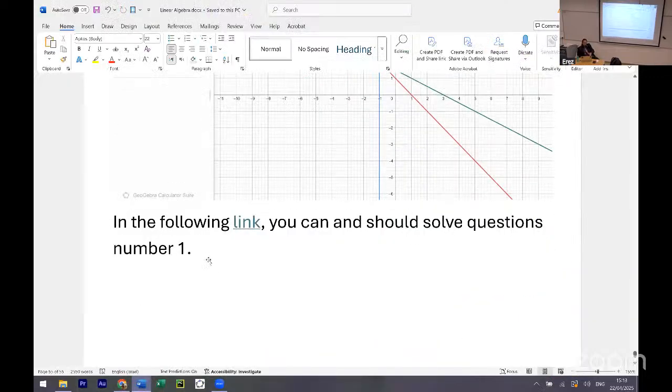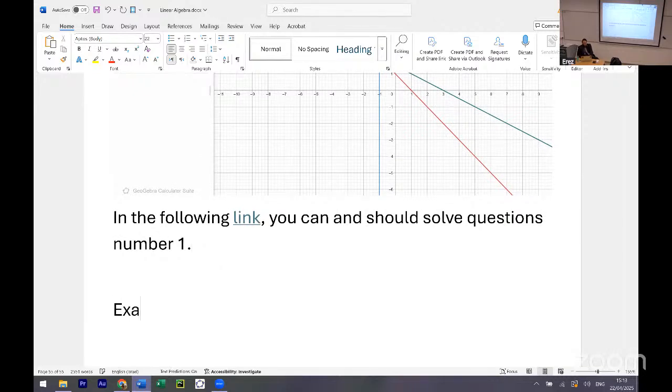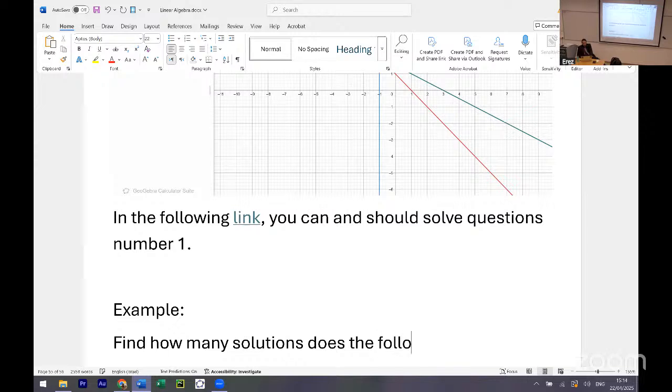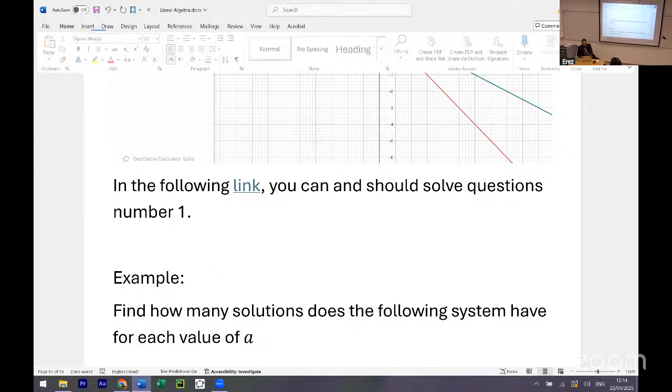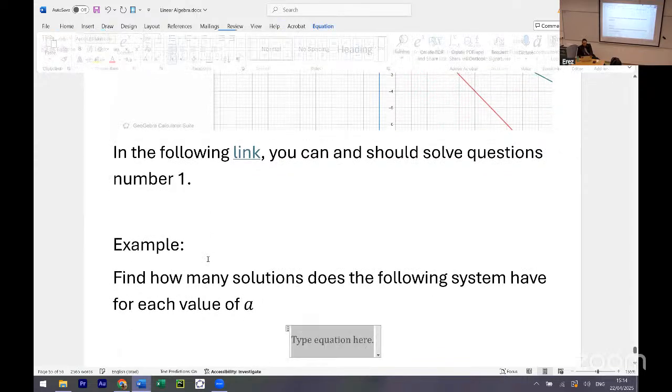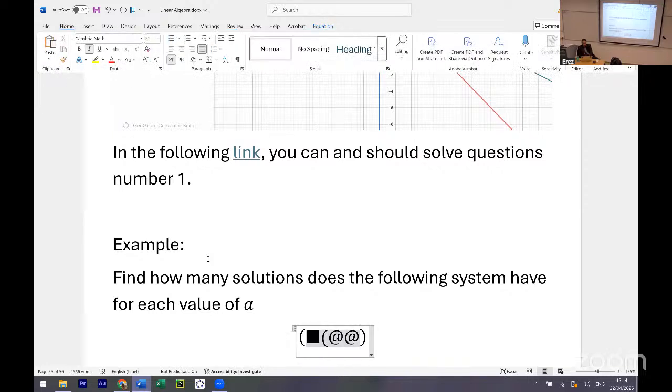And now I'll continue to another example. Find how many solutions the following system has for each value of A. X, Y, Z, constants.